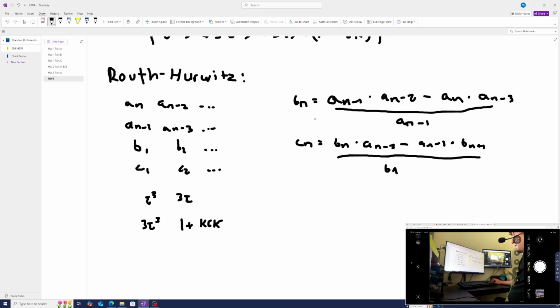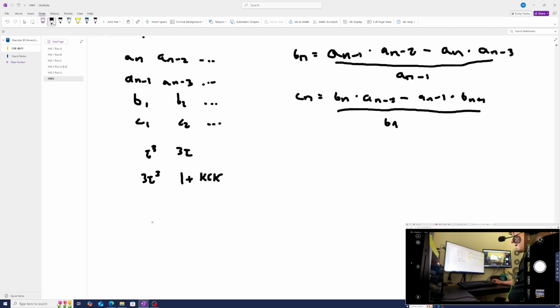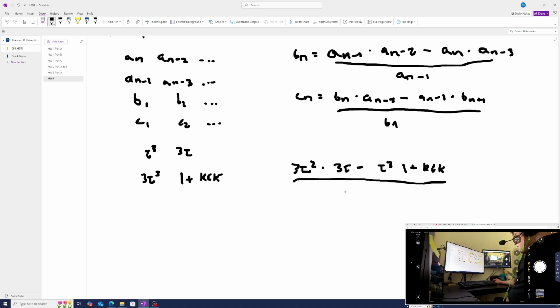So to get our first B, we go AN minus 1 times AN minus 2. So we'll have 3 tau squared times 3 tau minus our AN, so tau cubed, multiplied by 1 plus KcK, and this is all over 3 tau squared.